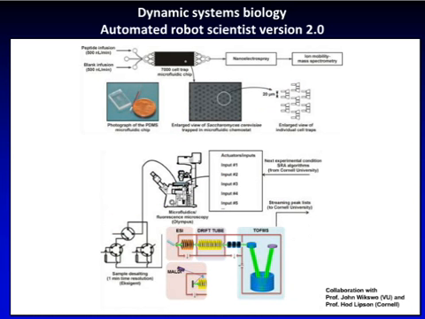Now, turning to systems biology again, this is how we're making temporal measurements. So we're working in collaboration with a physics group, John Wikswo at Vanderbilt, and an aerospace engineering group at Cornell with Hod Lipson. And we're automating an experiment where we combine microfluidic devices with the fast molecular readout of the ion mobility mass spectra.